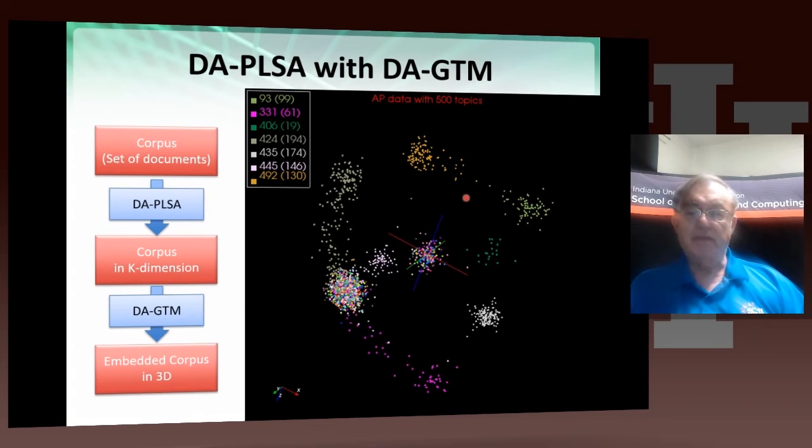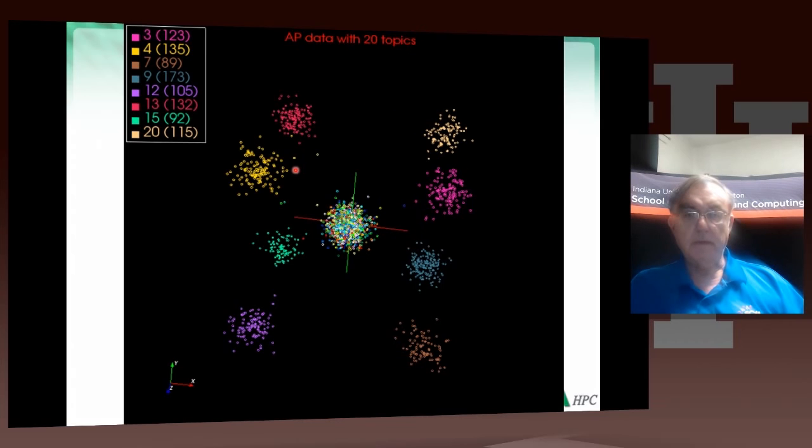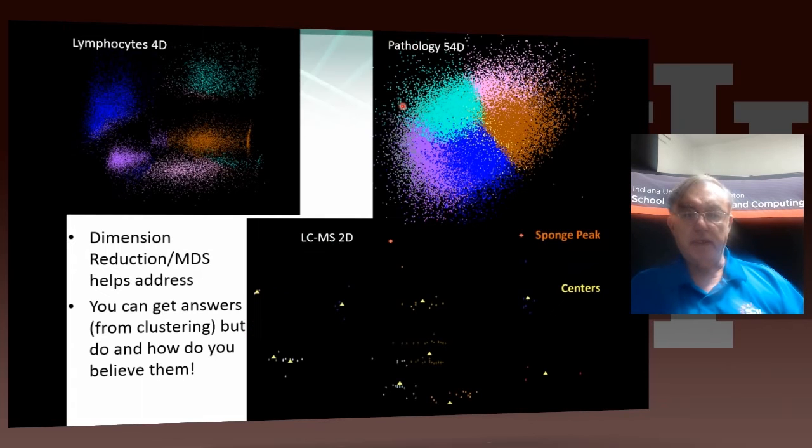And then you can take that vector space and map it into 3 dimensions, and then you get a plot like this, which shows striking clustering. And you get even nicer answers if you have 20 topics and you map those 20 topics also into 3 dimensions.